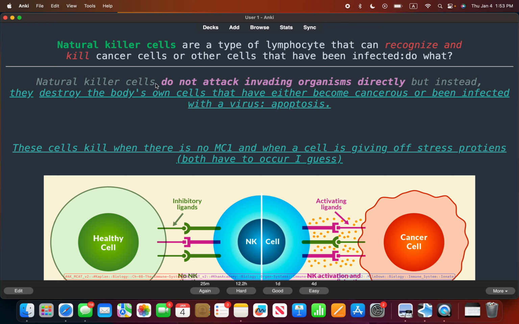Natural killer cells do not attack invading organisms directly, but instead they destroy the body's own cells that have either become cancerous or been infected with a virus, by apoptosis. So they kill the cancerous cells of our body, or the ones that have been infected with a virus. So apoptosis is also what this refers to.